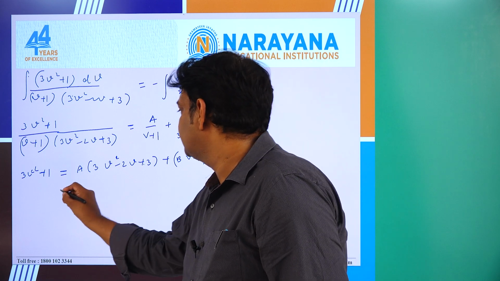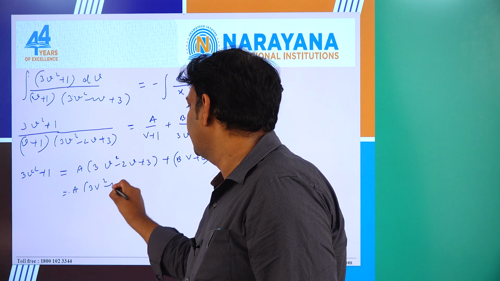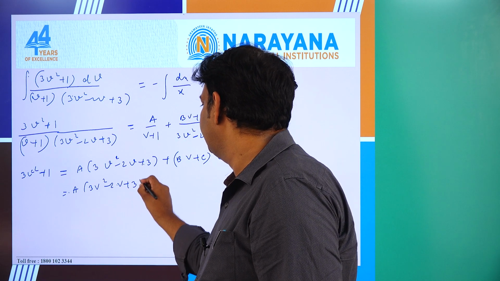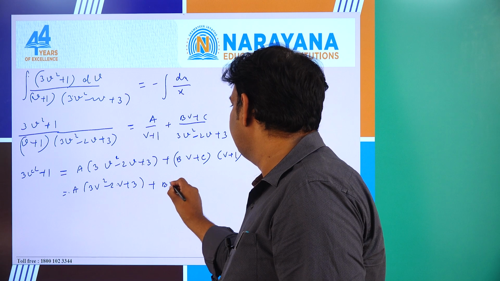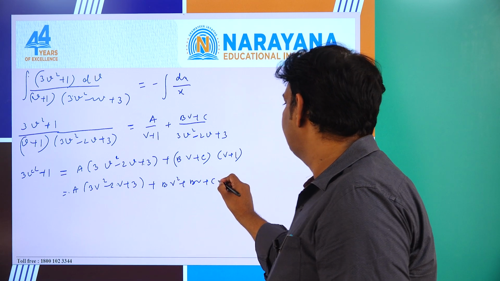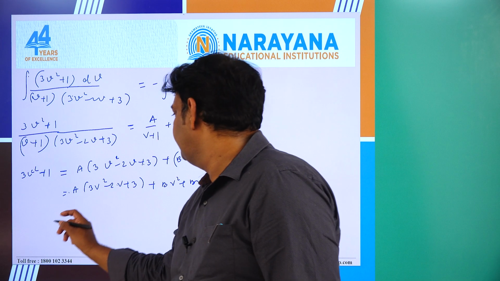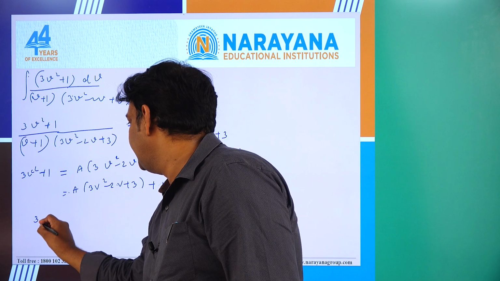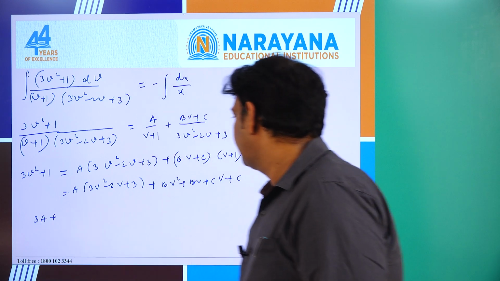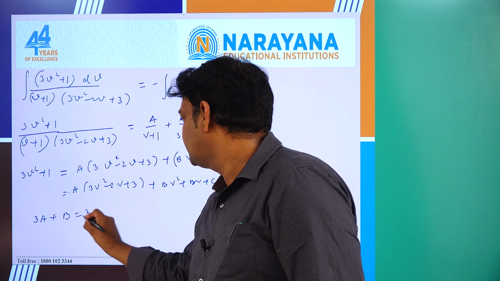Comparing the coefficients, once again let us open: a times of (3v square minus 2v plus 3) plus bv square plus bv plus cv plus c. So what is the coefficient of v square? 3a plus b. How much? 3.